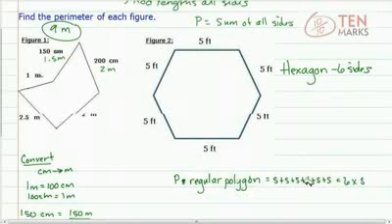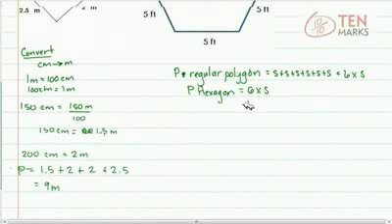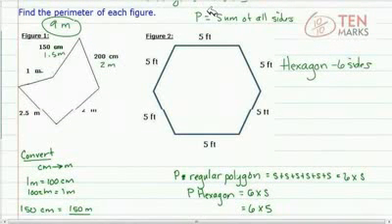To find the perimeter of the hexagon, we plug in the side, 5. The perimeter is 6 times S, and S is equal to 5, so it's 6 times 5, which gives us 30 feet. Remember to mention your units. So the perimeter of this hexagon is 30 feet.